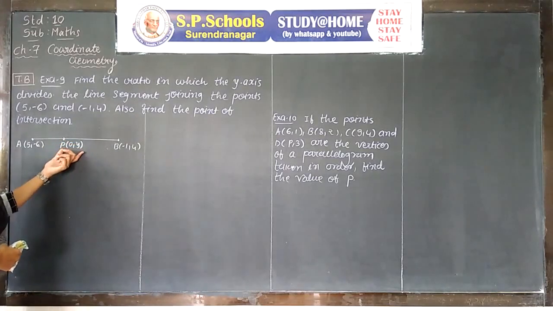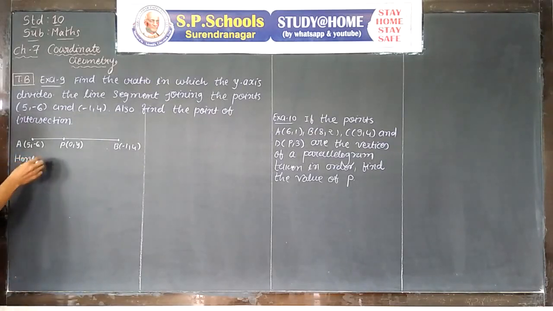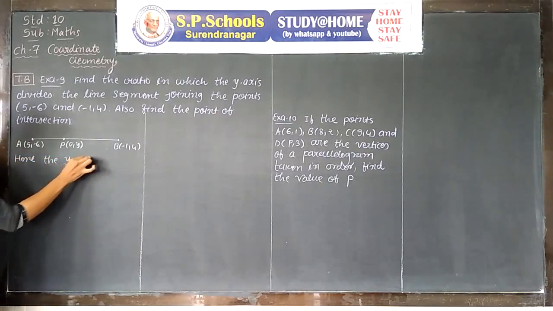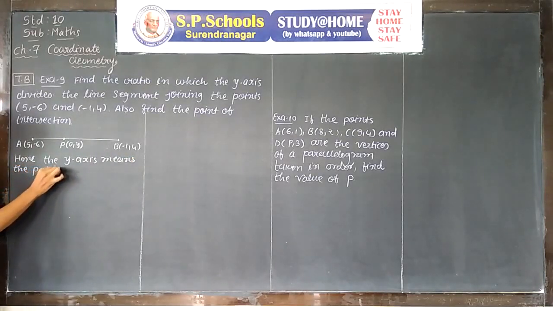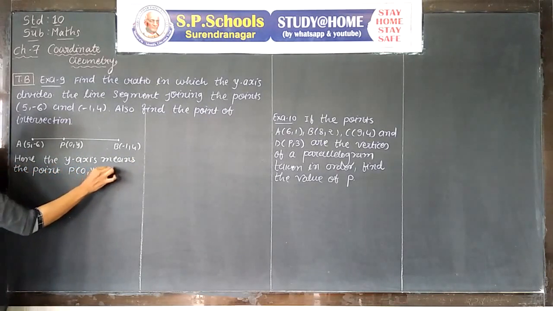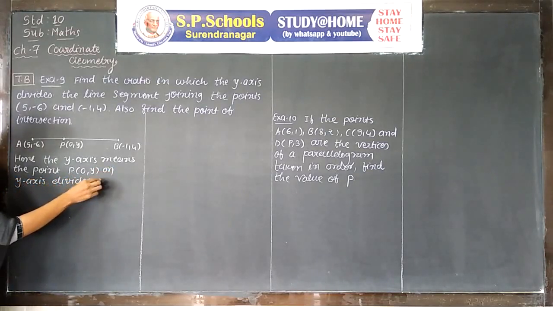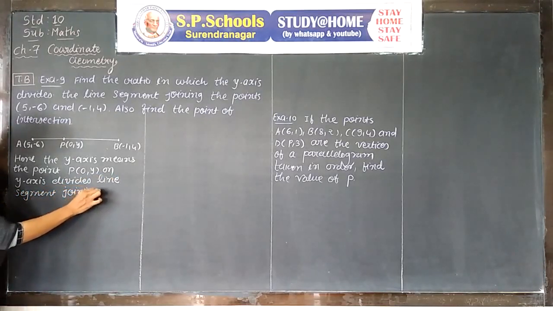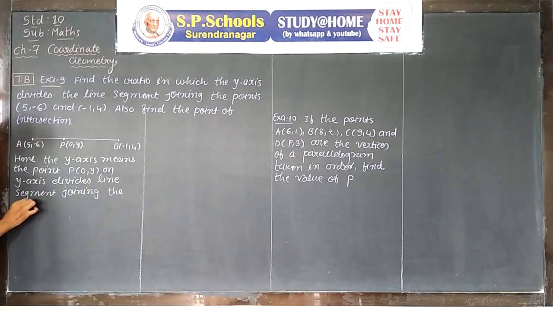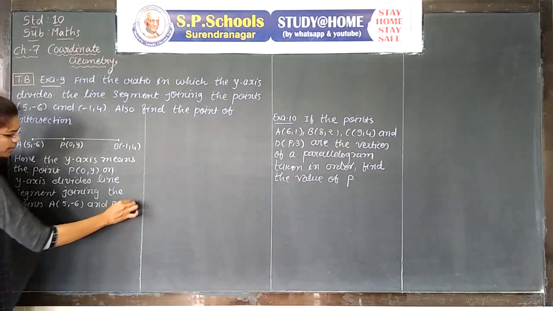That's why the point P 0, y on the y-axis divides the line segment AB joining the points A 5, -6 and B -1, 4.